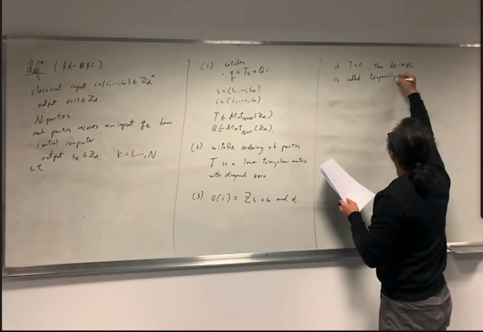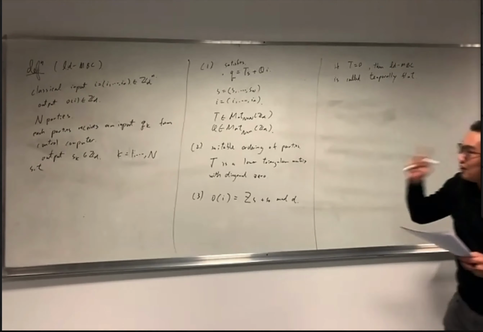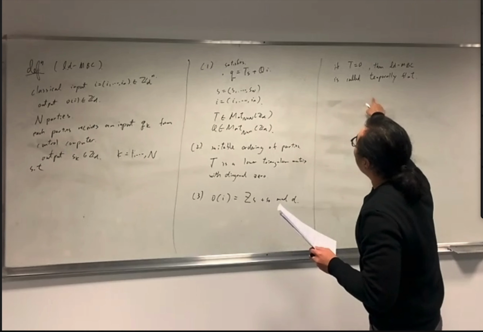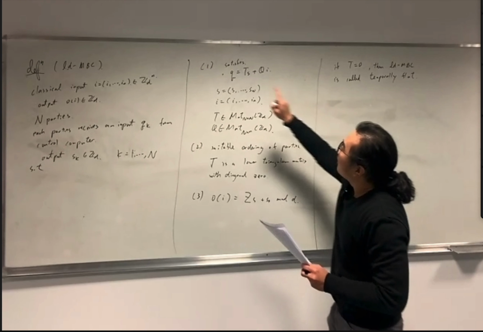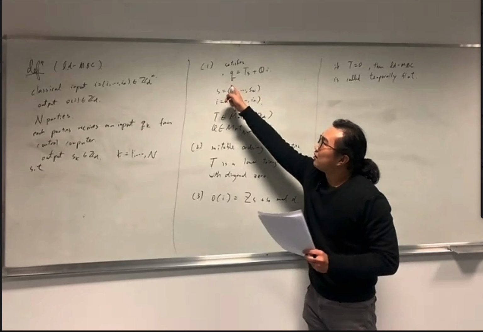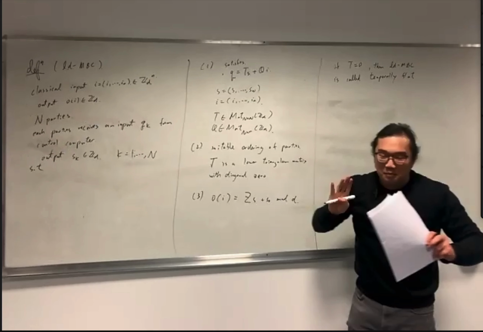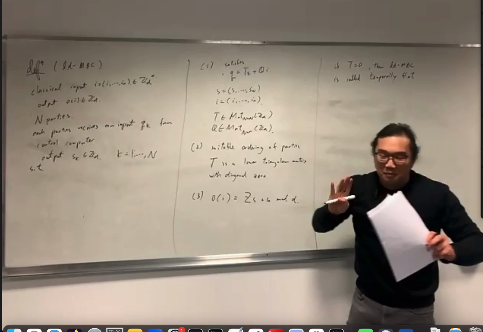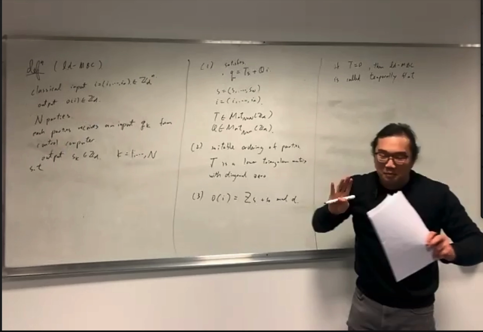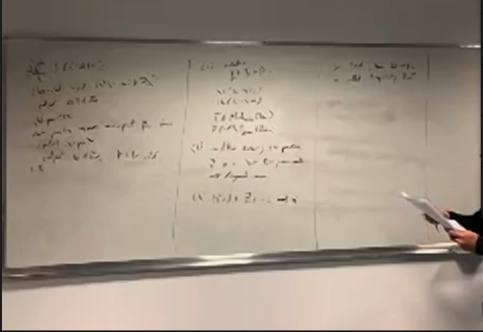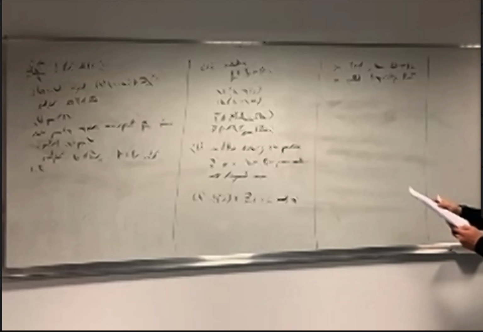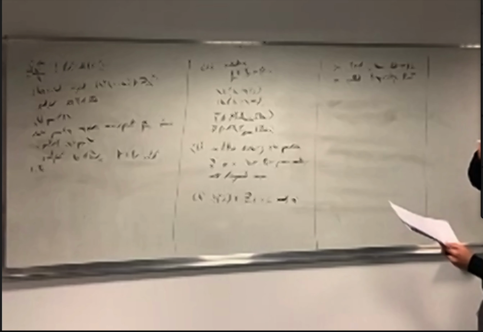What temporally flat means is basically that the Q does not depend on the outcomes of each particle. Got it? Because T is 0, then the Q only depends on the input I. That's what it means. And in this talk, I'm focusing on temporally flat.